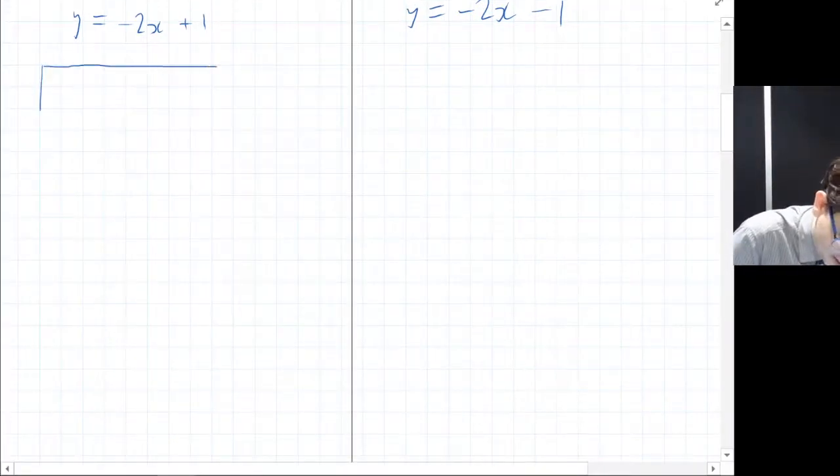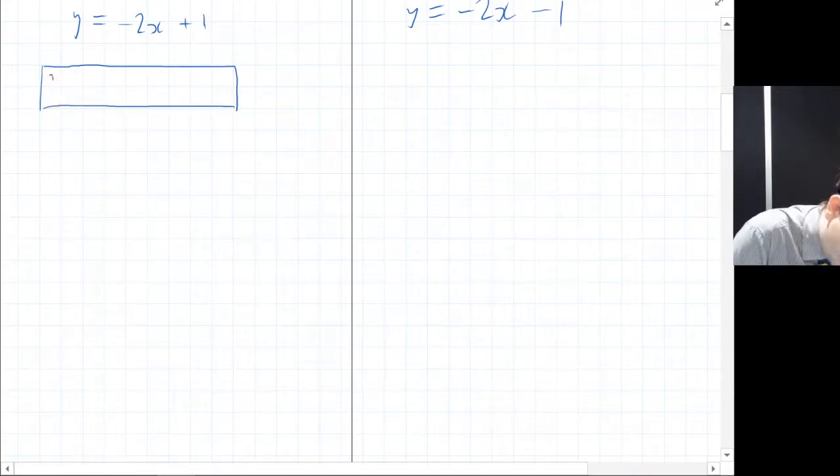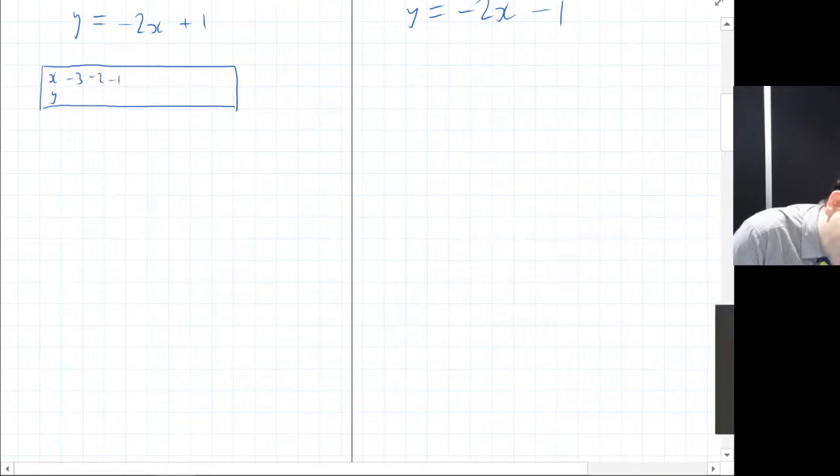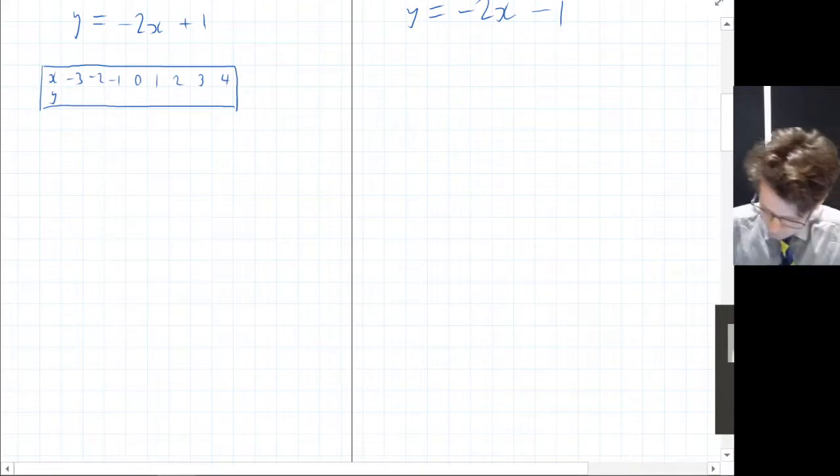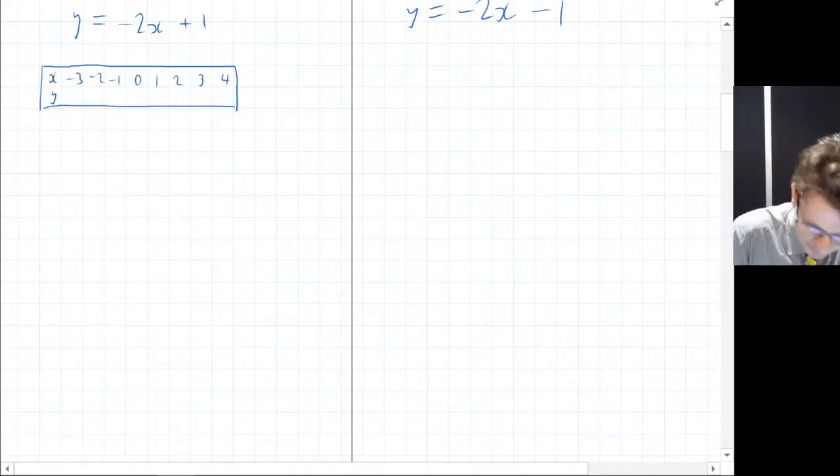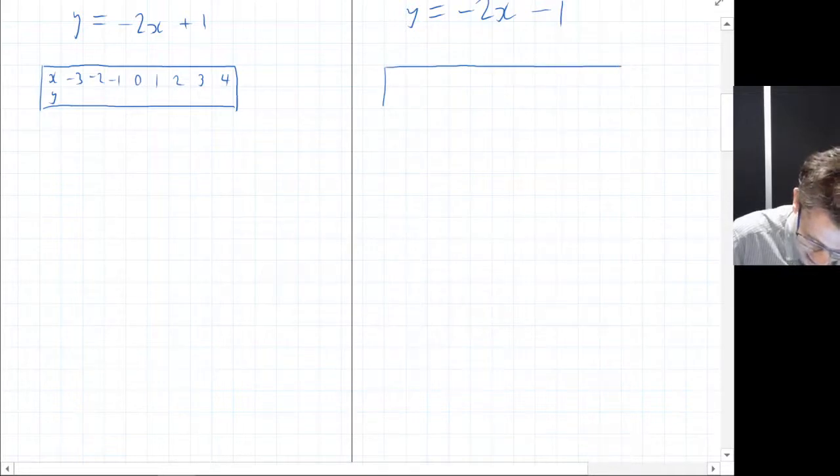So let me just draw up a table. X, Y, negative 3, negative 2, negative 1, 0, 1, 2, 3, and 4. Alrighty. So your table is going to be the same. Oh, let me just copy it.